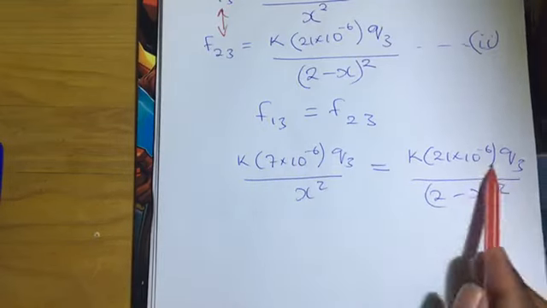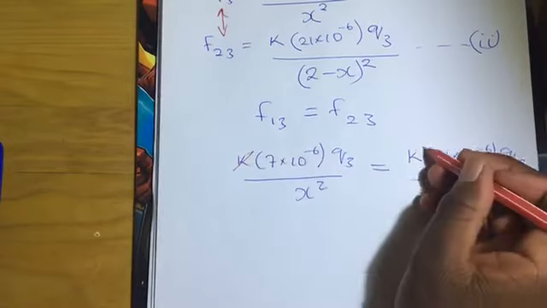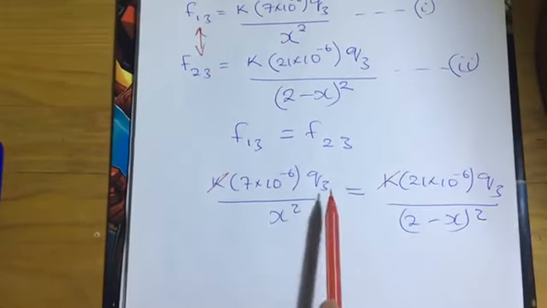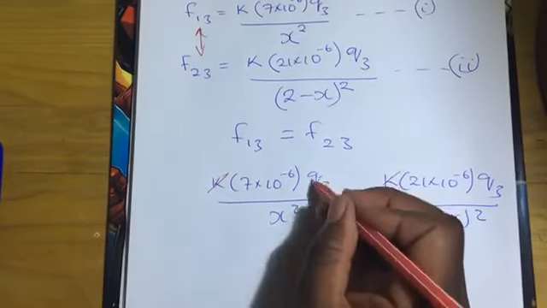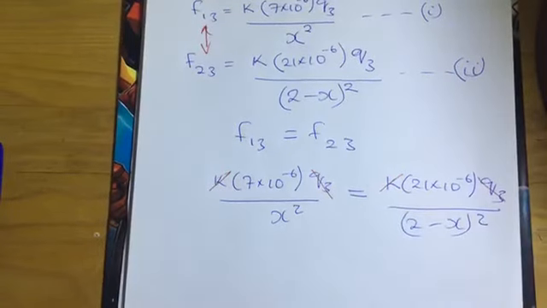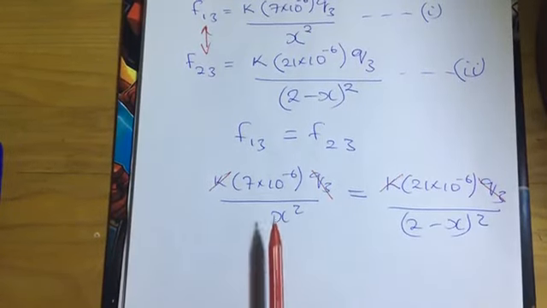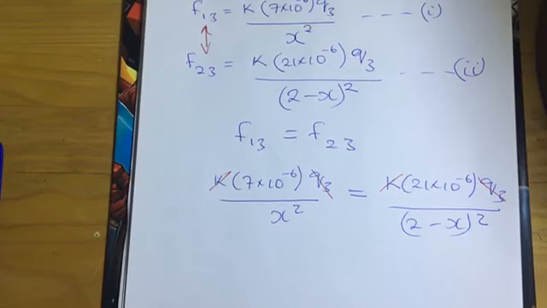If you look at these expressions, you notice that the K can cancel out, and you're going to understand why the Q3 was not given, because it cancels out. All they want is, at what distance should Q3 be put? So all you want to calculate here is the value of x.